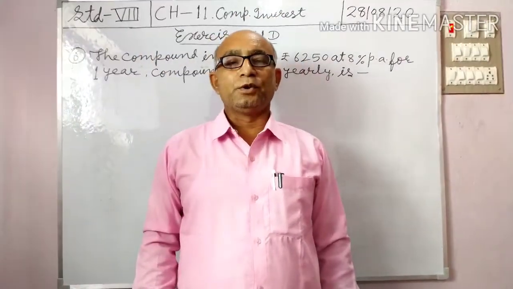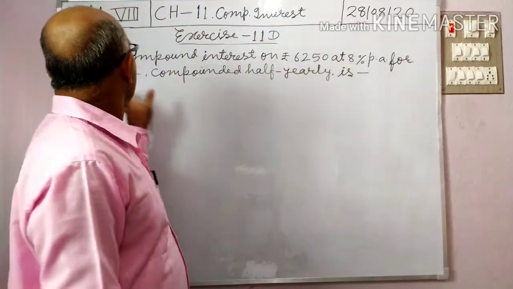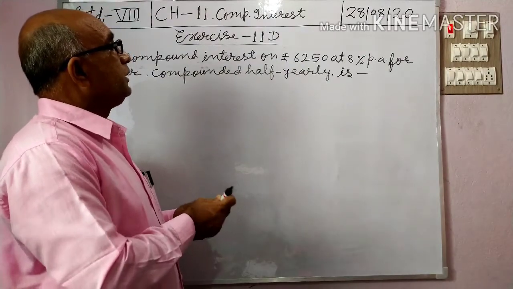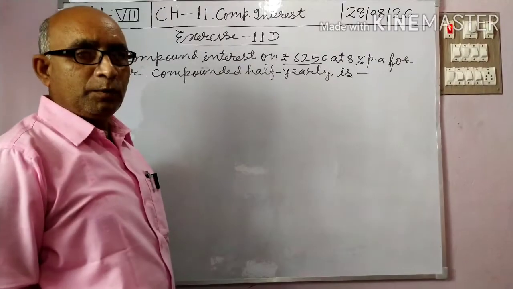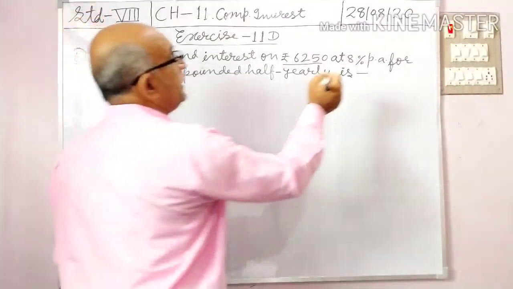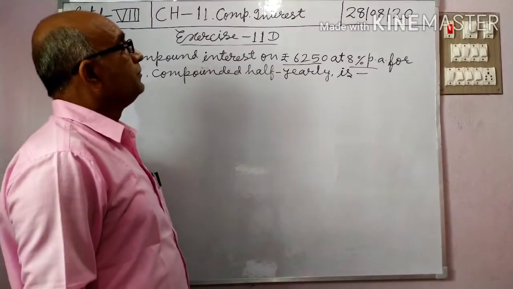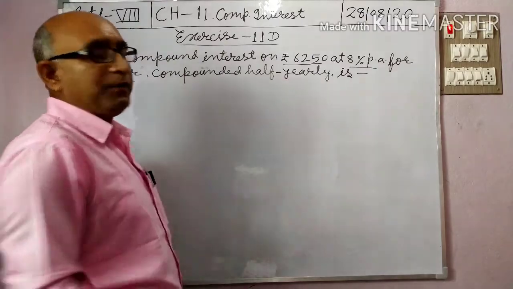Students, next question is question number 6, written on this board. The compound interest on rupees 6,250 at 8% per annum for 1 year compounded half yearly.